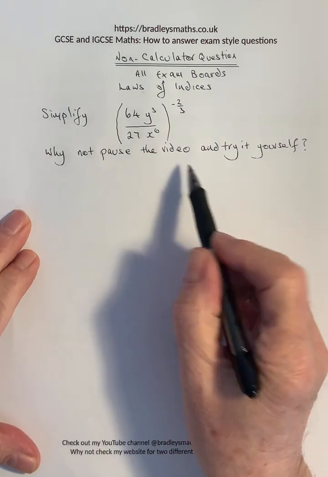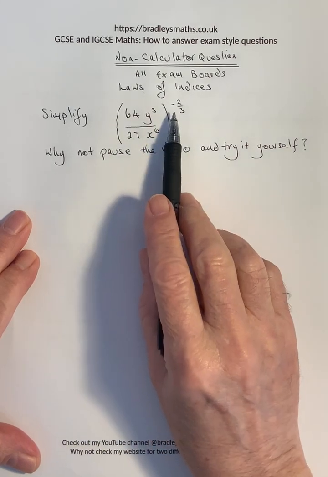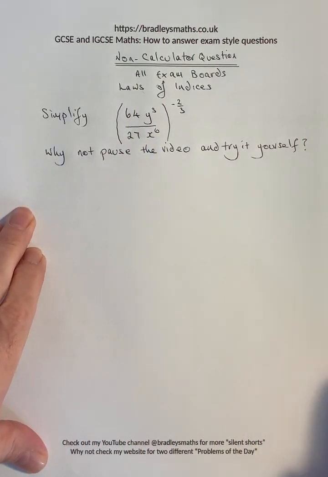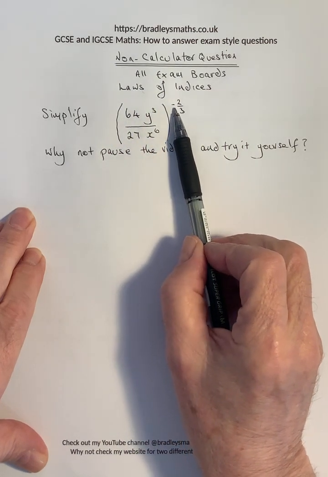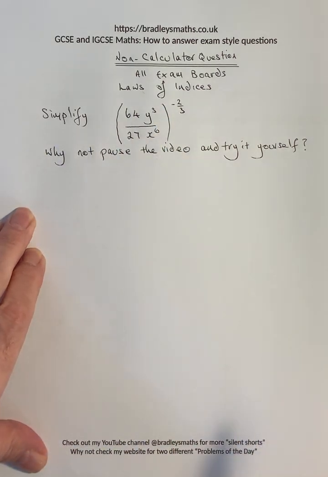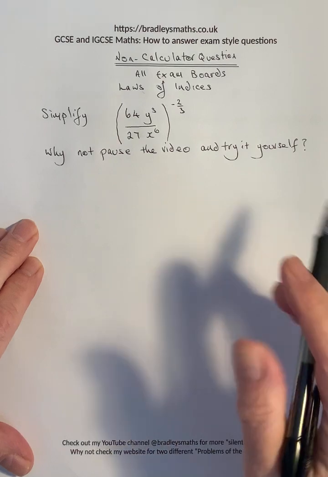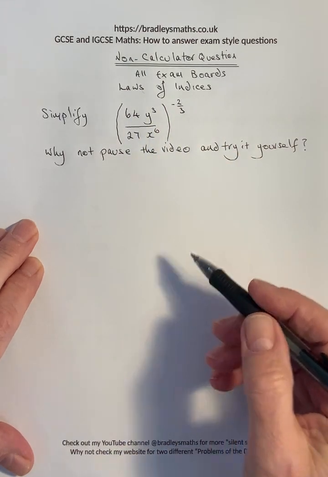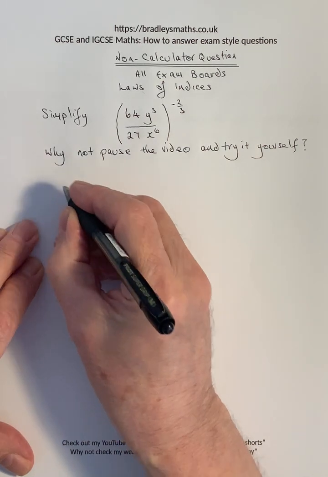So we have 64y cubed over 27x to the power of 6, all to the power of minus 2/3, and the first thing we are going to do is get rid of this negative sign. Okay, we'll get rid of that and everything will be fine. In order to get rid of the negative sign, all we do is invert the fraction in the brackets.